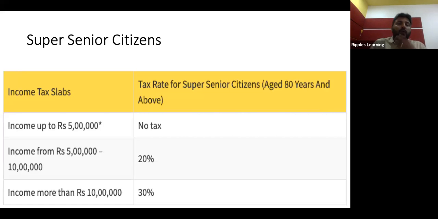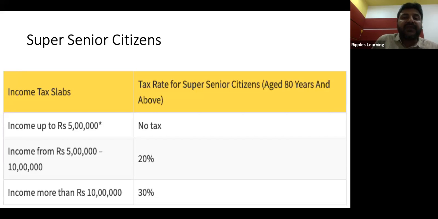Now here I want all of you to understand that the slabs for senior and super senior citizens are not there in the new tax regime. It treats everybody equally irrespective of their age.